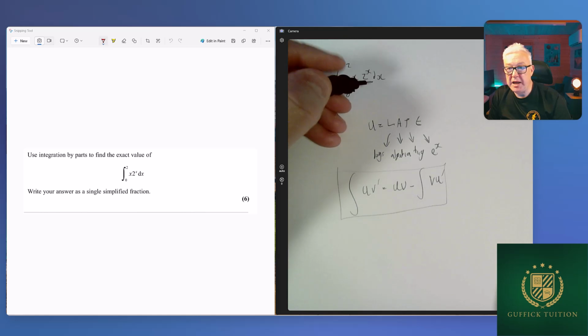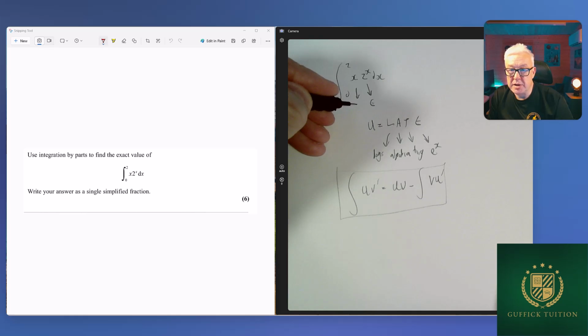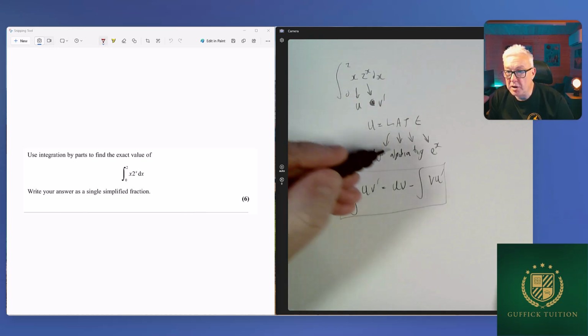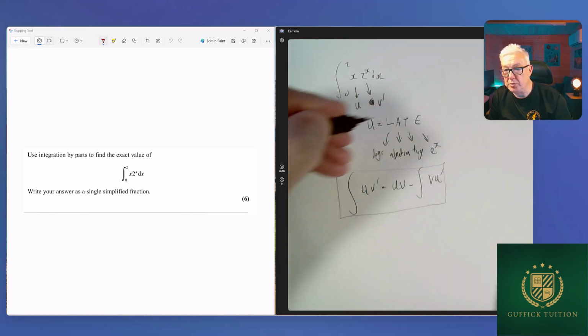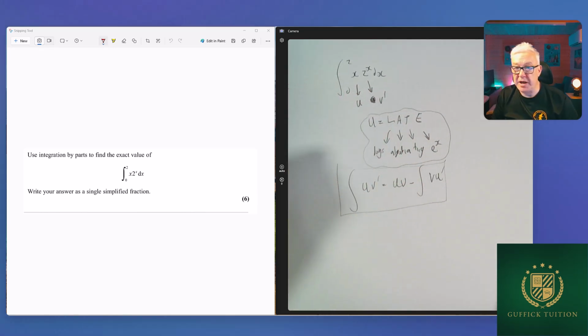And you can see here that we've got an exponential and we have got some algebra. So therefore this is going to be our u and this is going to be our v dashed, because algebra trumps exponentials. So that's just a useful little tool for helping you to decide which bit is going to be the u and which bit is going to be the v dashed.